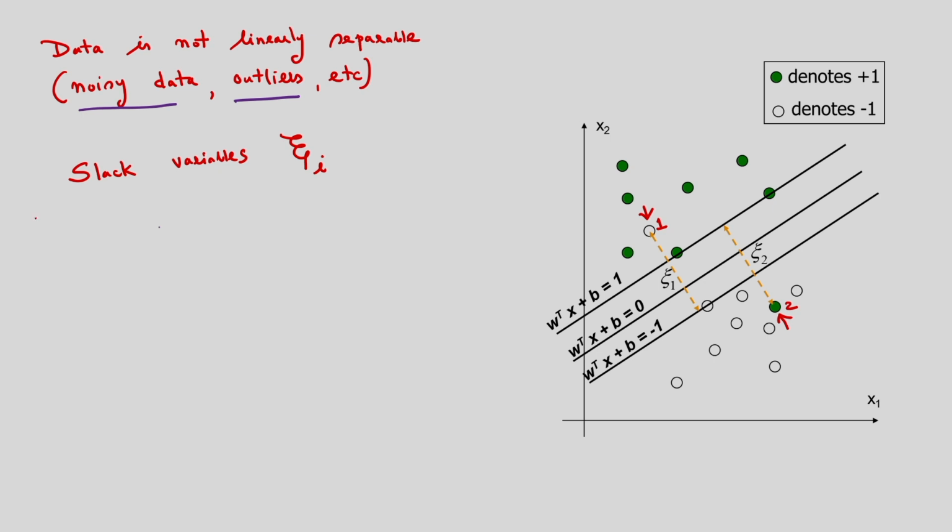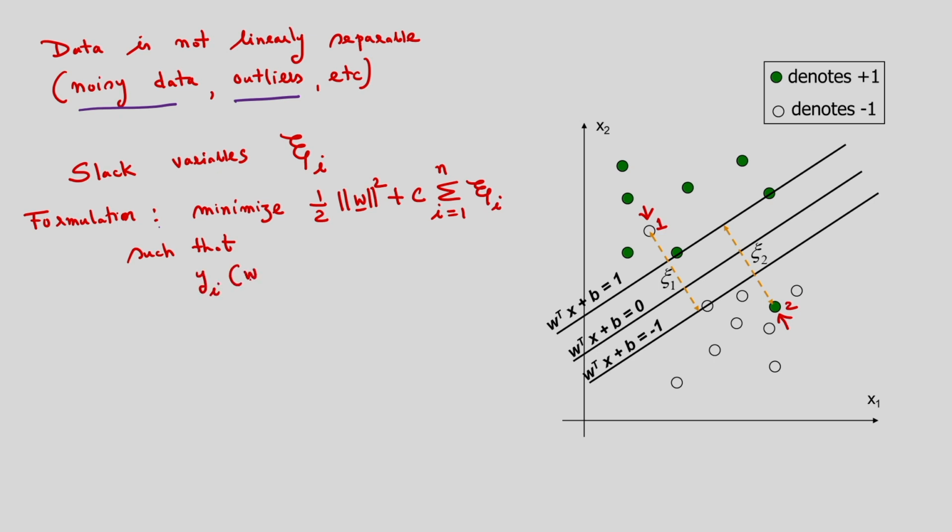Corresponding to this case, my formulation will be: minimize 1/2 ||W||² + C Σ ξᵢ for i = 1 to n, such that yᵢ(WᵀXᵢ + b) ≥ 1 − ξᵢ, and this ξᵢ should be greater than or equal to 0.